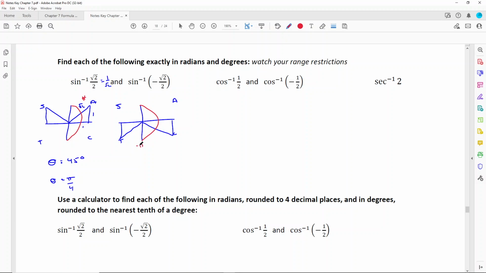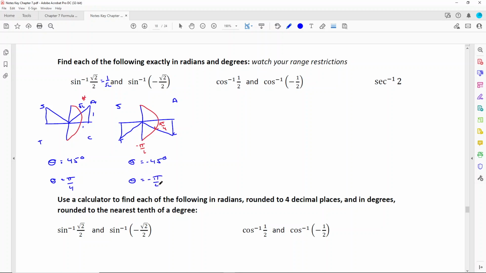You'll notice it goes down to negative pi by 2, so we are reading this angle clockwise, which makes it negative pi by 4. That came out really messy, sorry. It's hard to write in a small space on the computer. There we go. So my answer in degrees would be negative 45 degrees, and in radians negative pi by 4.